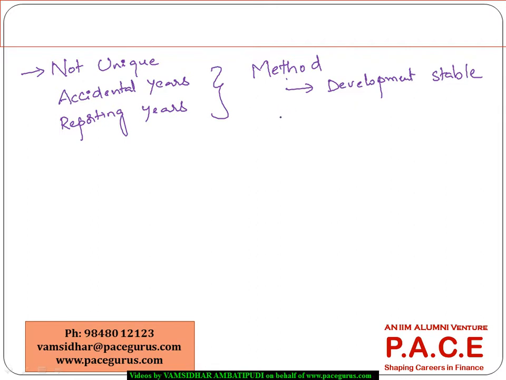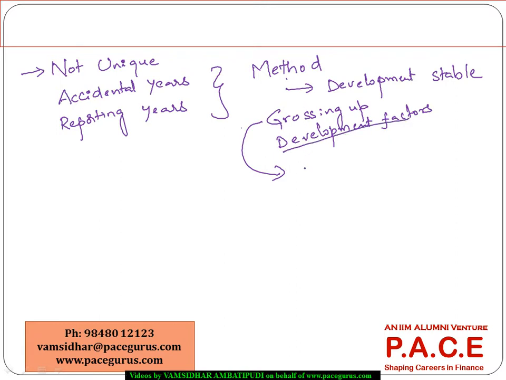And even here there are different mechanisms in terms of estimates. We can use either the grossing up factors mechanism or the development factors mechanism. What we see is that for this kind of example, grossing up factors is much simpler, and we will see when we apply it that this method becomes much simpler compared to using the development factors.